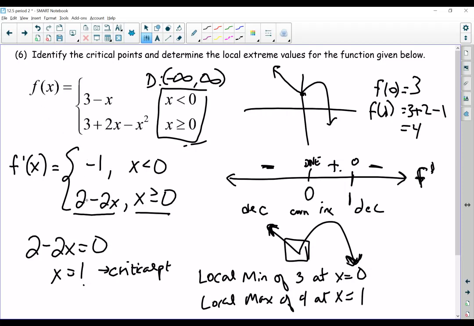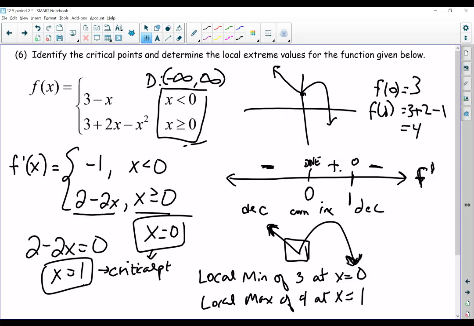So when I take the derivative of the piecewise function, if I compare at 0 first to figure out if we have any place where the derivative function is undefined, these aren't undefined themselves, but at 0, I get -1 as one slope and 2 as the other slope. That's an undefined slope, so that's a critical point. So x equals 1 is a critical point, and x equals 0 is a critical point. Okay, then I set 2 minus 2x equal to 0, which I got 1, which was in that domain.